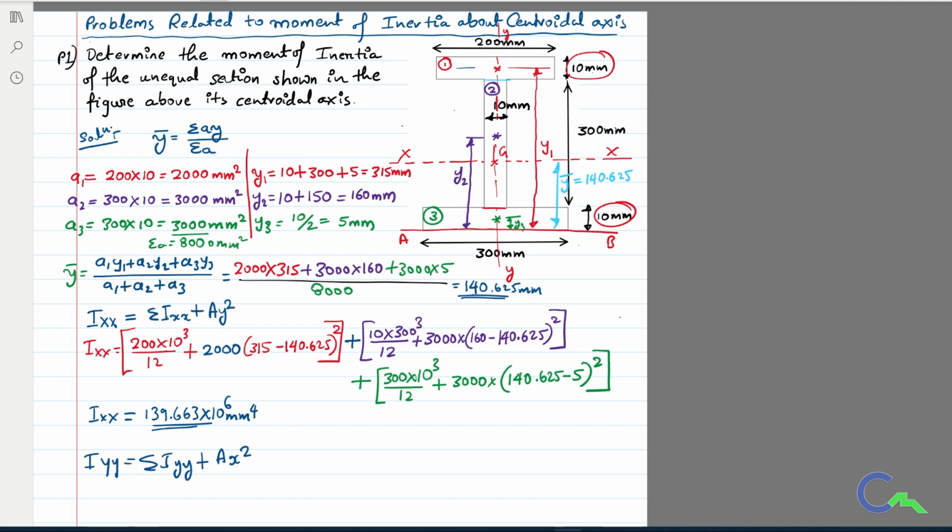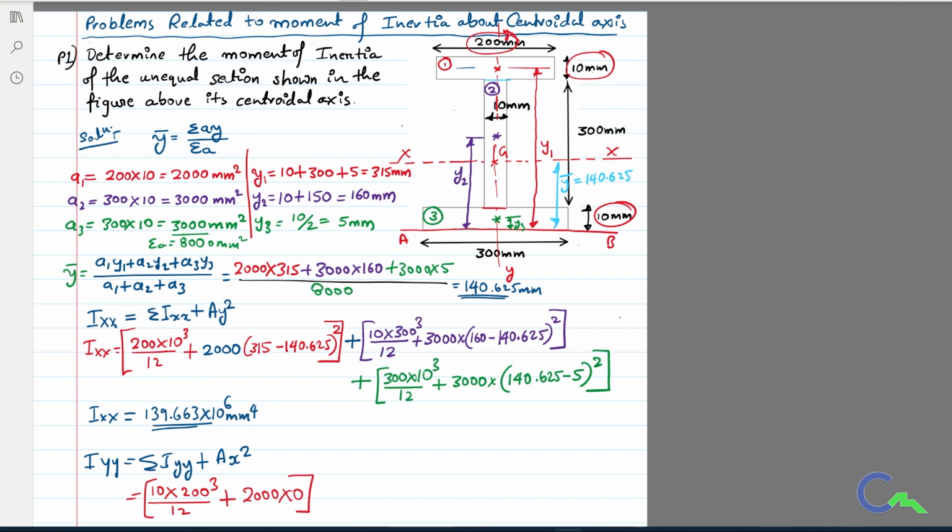Therefore, 10 into 200 cube divided by 12, plus the area of the first figure, that is 2000. But the x distance, the distance from the centroid of the first figure to the yy centroidal axis, is 0, since they coincide. Therefore the second term will become 0.